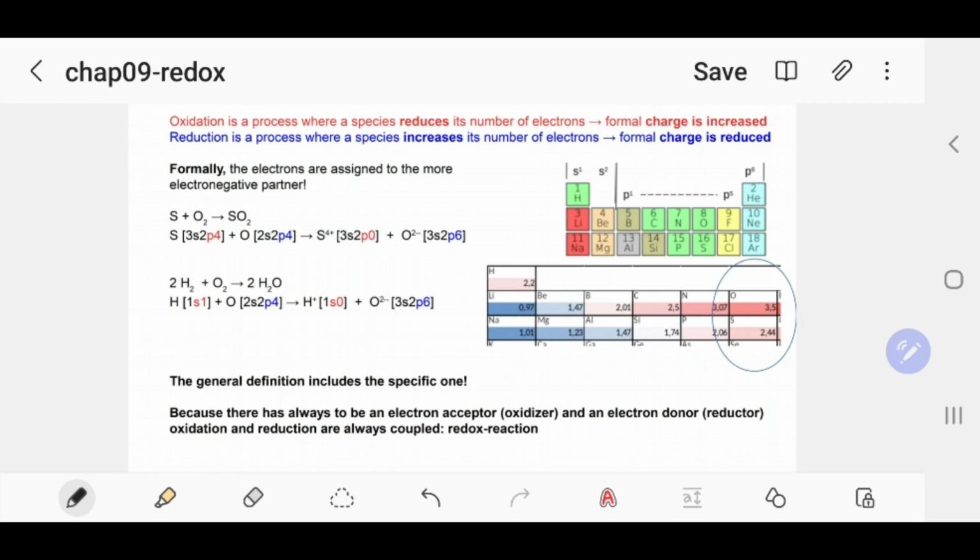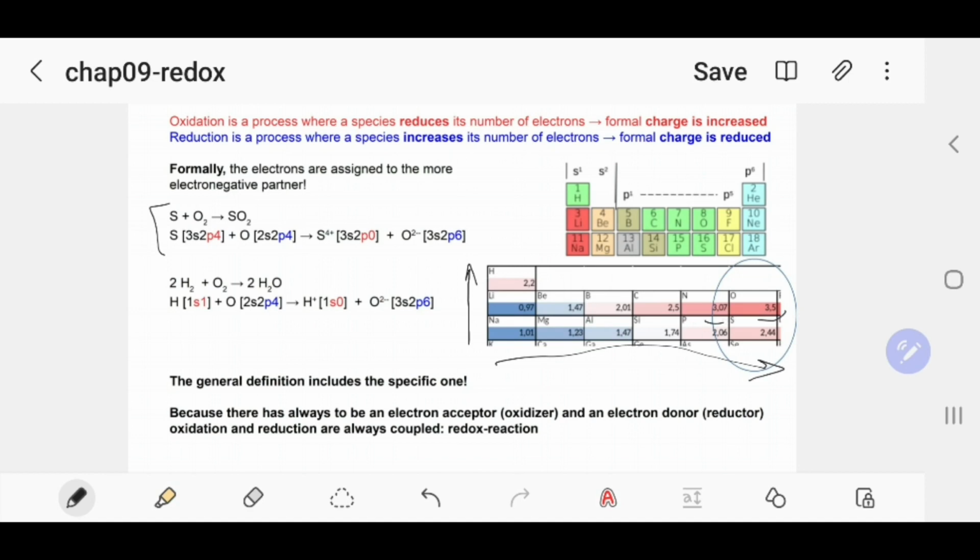We just explained previously how electronegativity works. And if we take a look here, we have this example SO2, and if you remember, the electronegativity in the table increases from bottom to top and from left to right. And of course you can see also the charges.